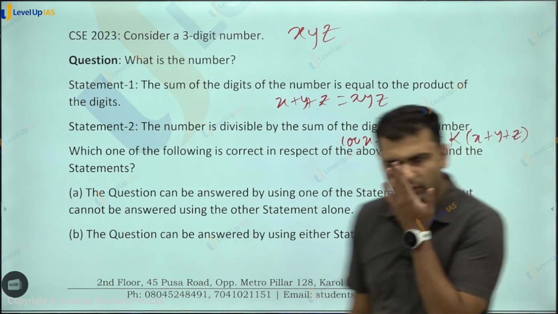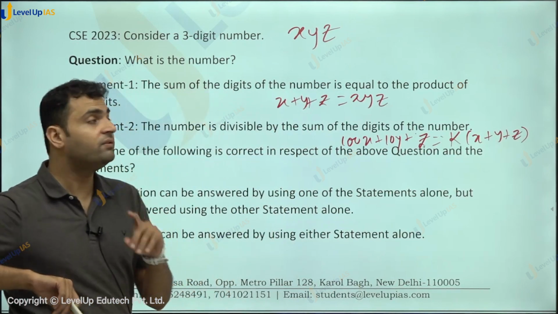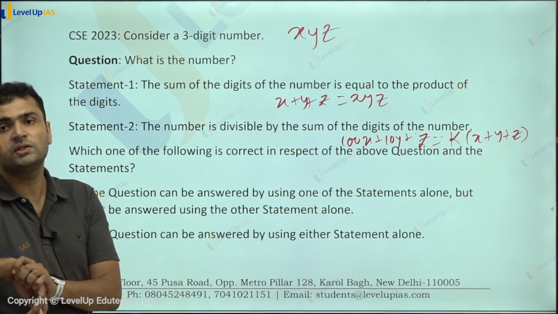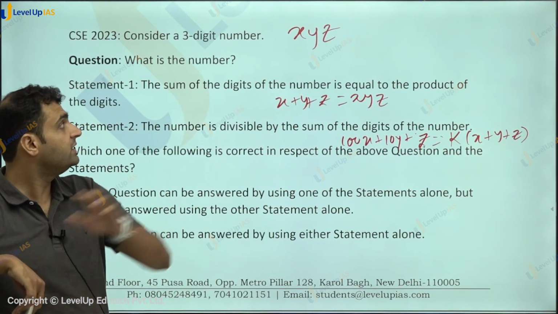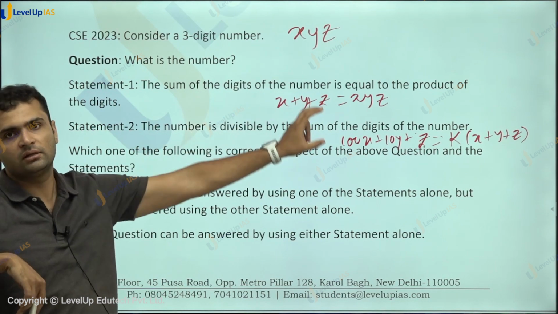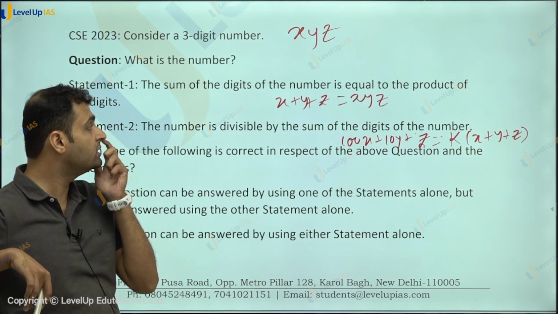Right? This is what we have. But here we have one additional piece of information, which is that these are digits. These are not just any real numbers. These are digits.